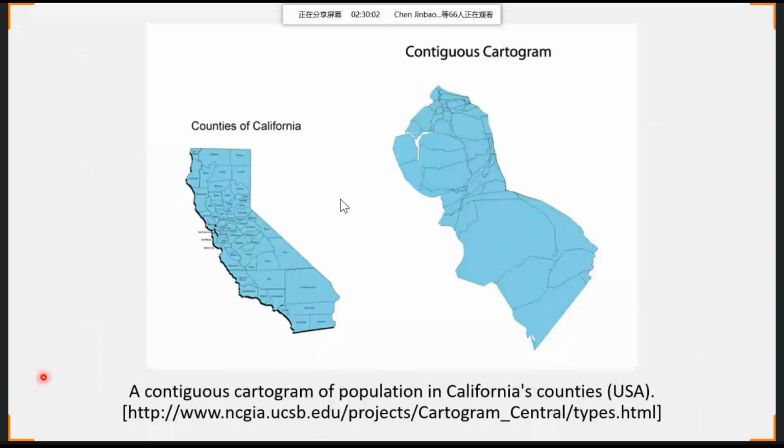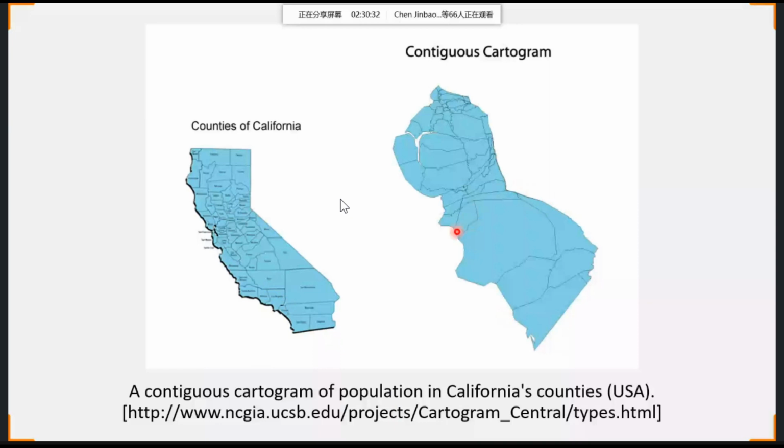To show you an example of these two ideas, here you have the state of California with all its counties, and this would be a contiguous cartogram of the same area based on the population. So areas where many people live, here Los Angeles, are greatly enlarged.